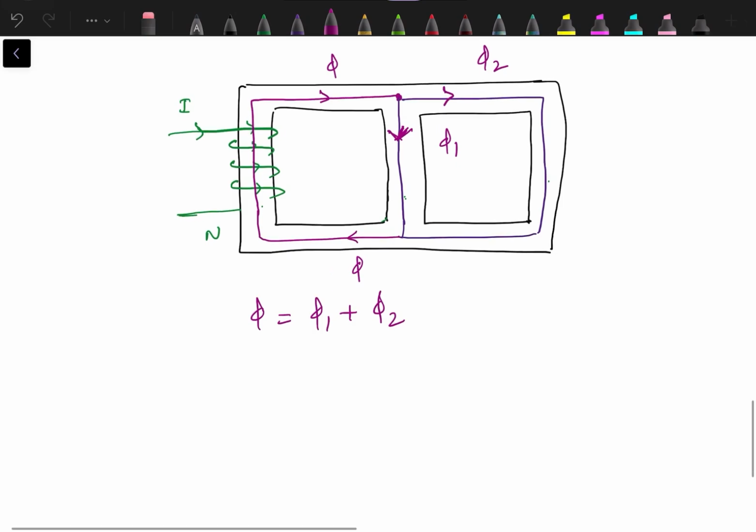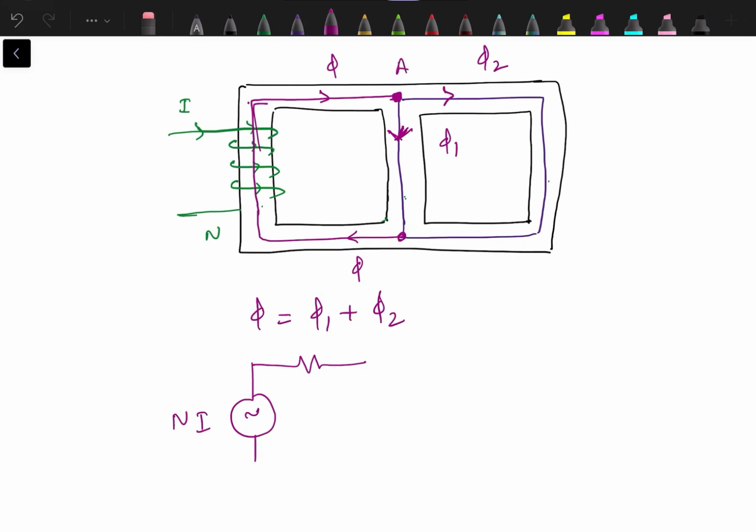We can draw its electrical equivalent, like we have an MMF source over here as Ni. Then we have the reluctance of this area starting from here up to here.